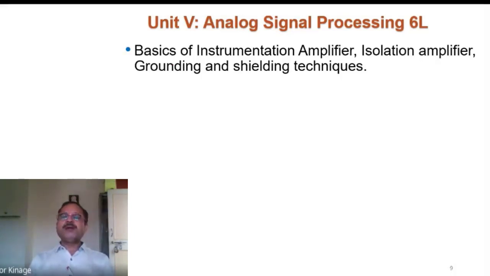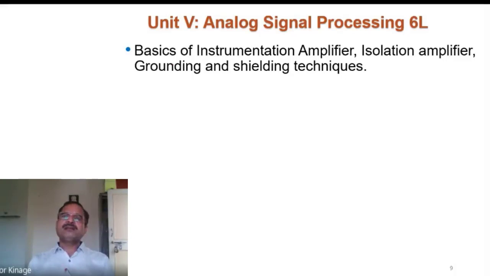For example, for our eye, we have the electro-oculograph, EOG, the signals generated by our eyes. Then our body muscles generate signals, called EMG, electromyograph.